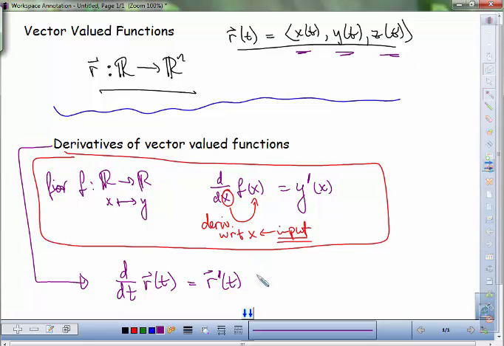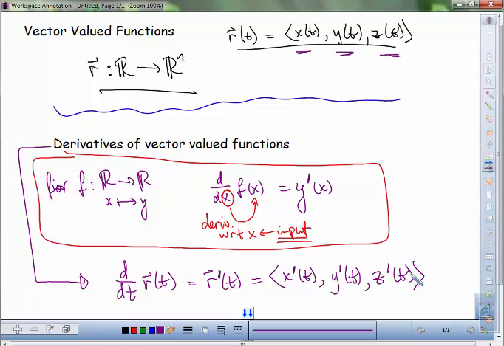Just take the derivative of each component. So that's exactly what's going to happen. We take your x of t and take the derivative of that, because it's a function of t. And we have your y prime and your z prime. And then now we have the derivative of these things.